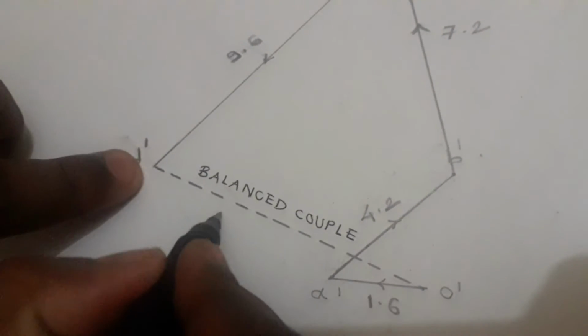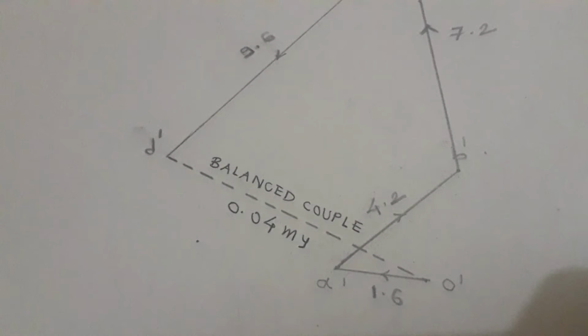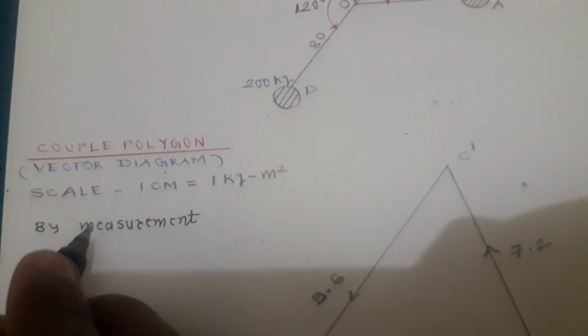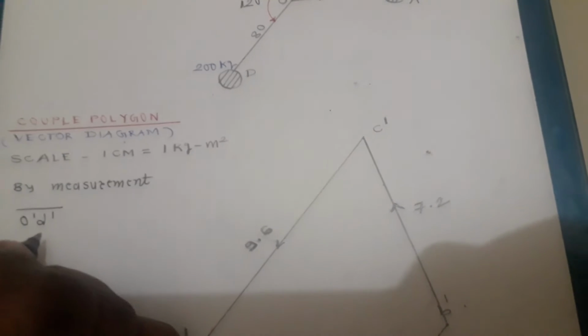So by measurement, we can calculate the magnitude of this balance couple, that is vector O dash D dash, which is equal to 0.04 times m into y.